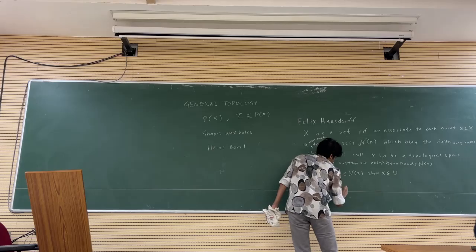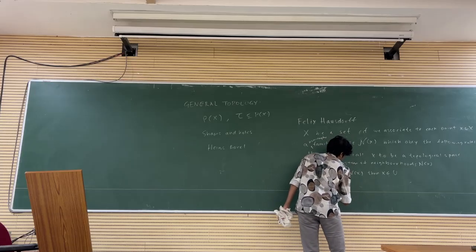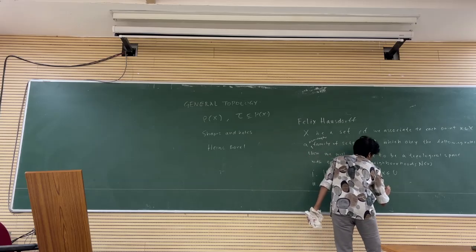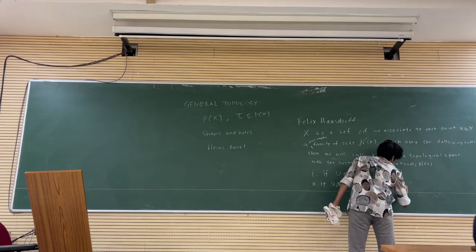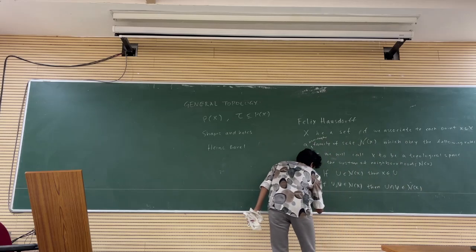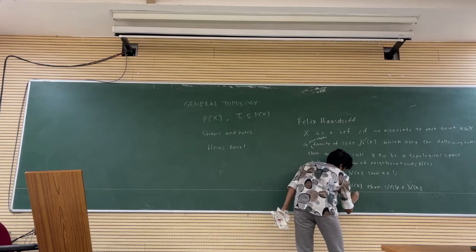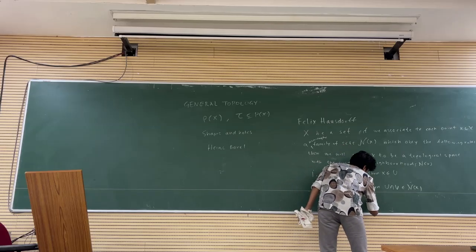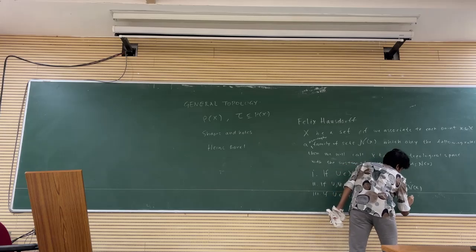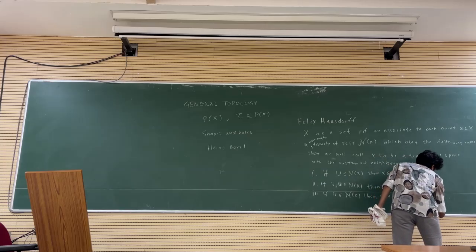Second, if U and V lie in N_x, then U intersection V lies in N_x. Third, if U lies in N_x, then any superset containing U lies in N_x.